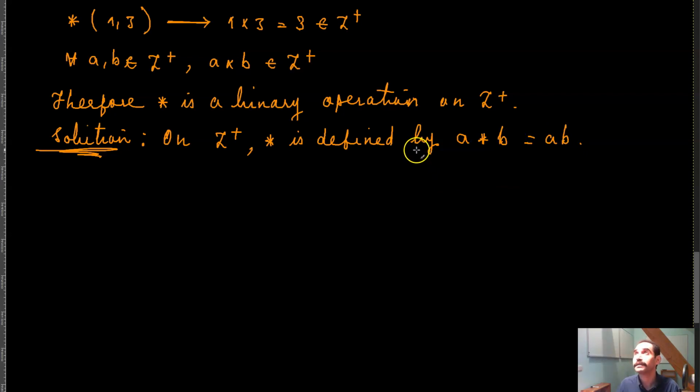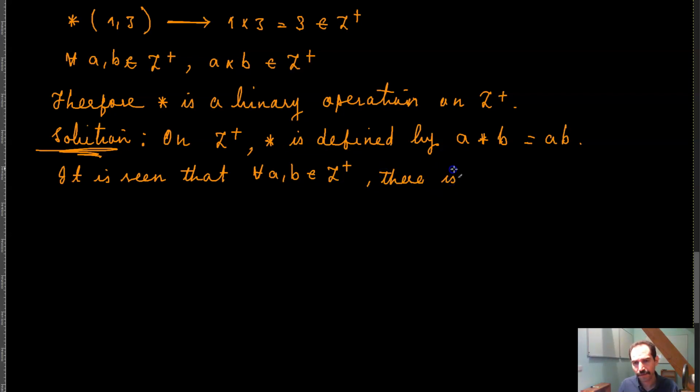It is seen that for every A and B belonging to Z plus, there is a unique element AB in Z plus.